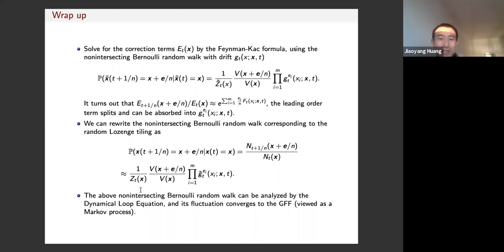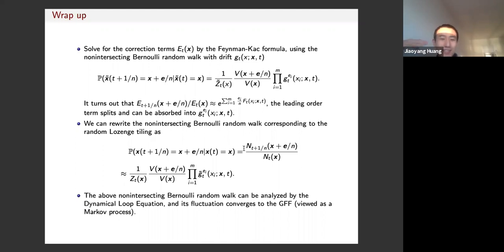The transition probability is roughly given by this. The only difference from this one is that here it is g_t, here it is g_t tilde, which is just g_t plus this smaller order correction term f_t. And because they are of the same form, you can also analyze it, just use the dynamical loop equation and get the Stieltjes transform converging to some stochastic differential equation.